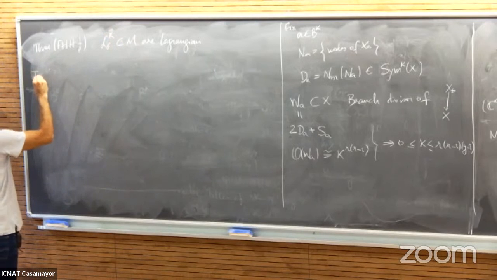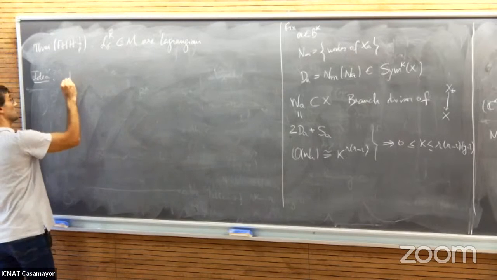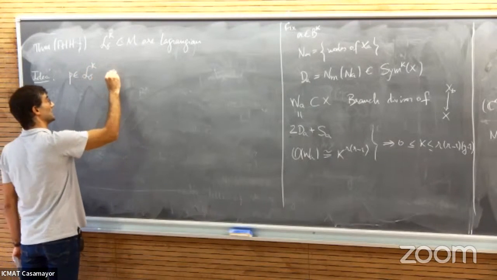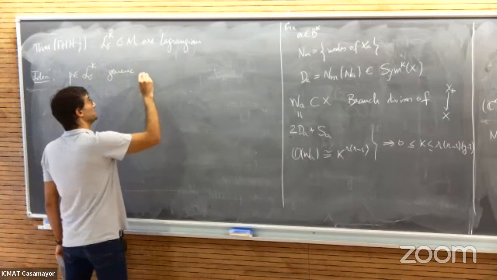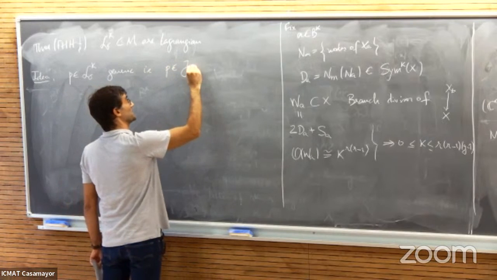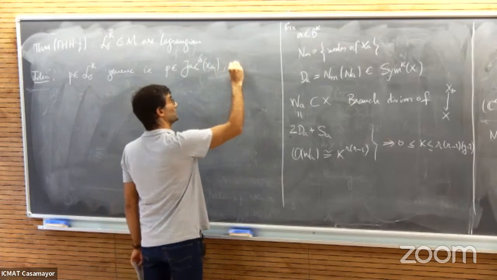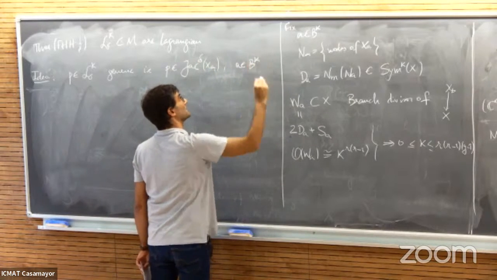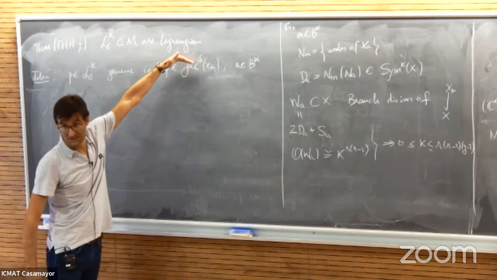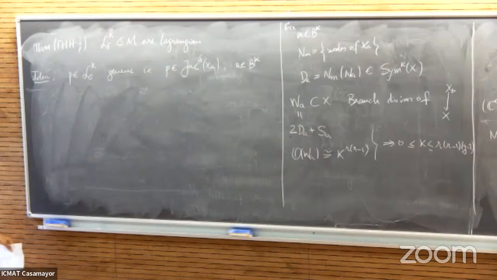And the idea is actually very simple. Take P in this space, generic. And by generic, I mean that P is really in the generalized Jacobian of some spectral curve in B_K. I'm not closing it, I'm not going to the boundary of this generalized Jacobian. It's really a line bundle for A there, in B_K.